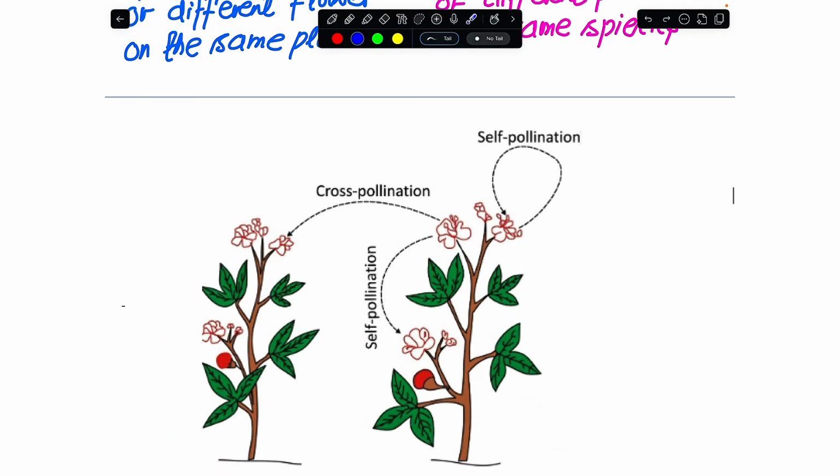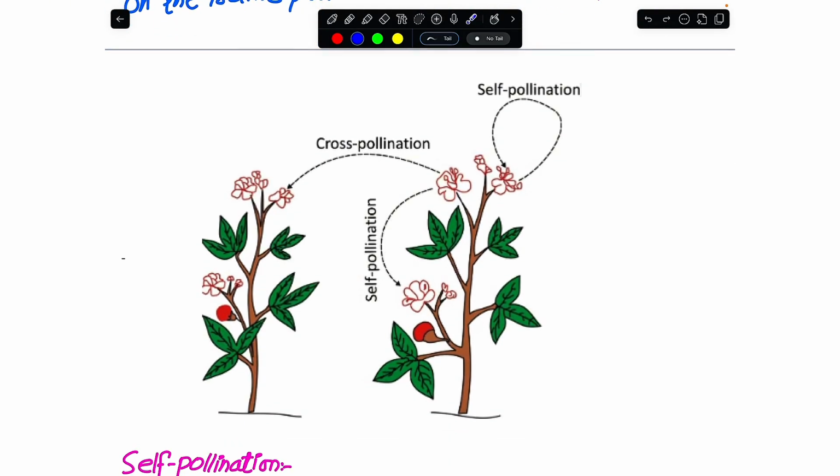At the same time, if I have this flower and this flower, two different flowers on the same plant, and by some means the pollen grain falls from the anther of one flower to the stigma of a different flower on the same plant, this would also be self-pollination.